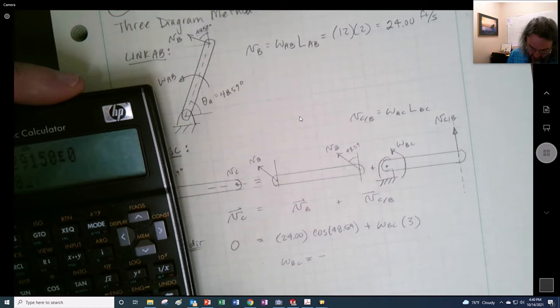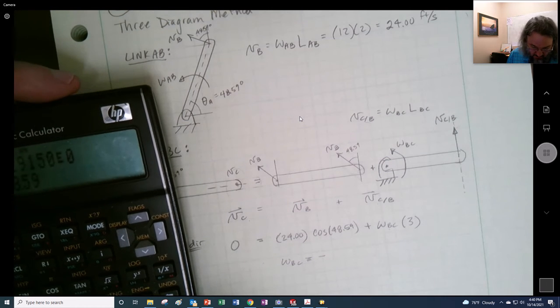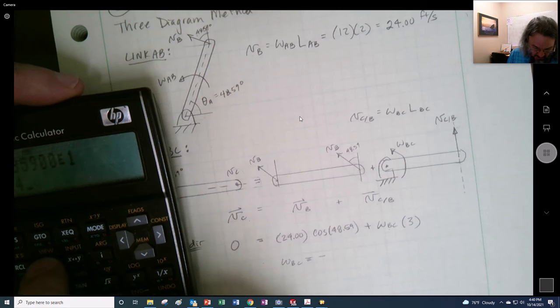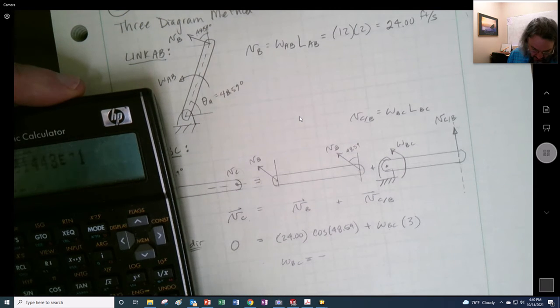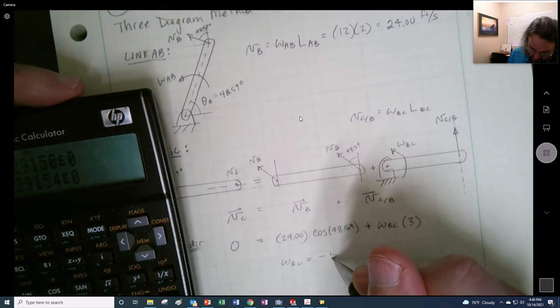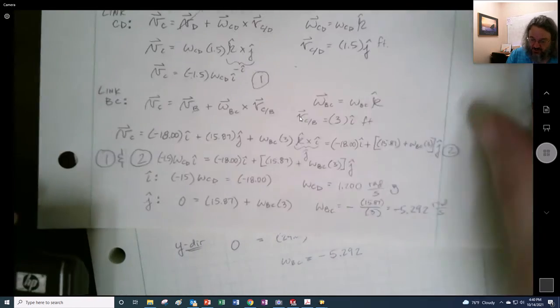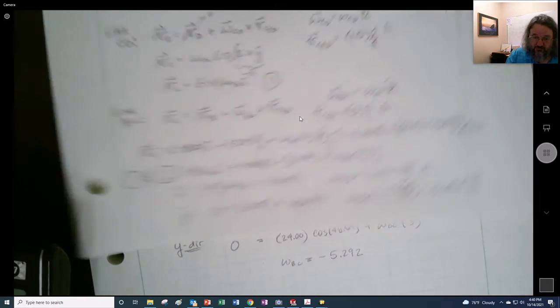So we have 48.59 and times 24. Oh, I'm sorry, I needed to take the cosine of that. Cosine and times 24 and divide by 3. And I get negative 5.292, which remember is the same thing we got right here.